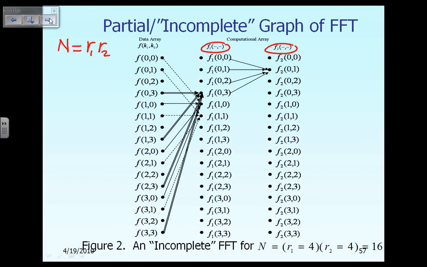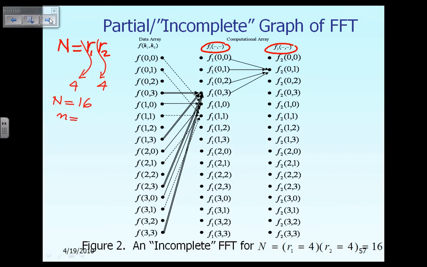Because we assume that the value of r1 is equal to 4 and the value of r2 is also equal to 4, which means capital N is equal to 16 data points. And because of that, you're supposed to have 16 indices.